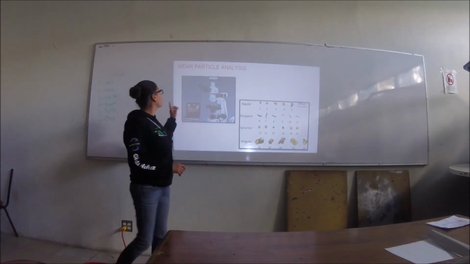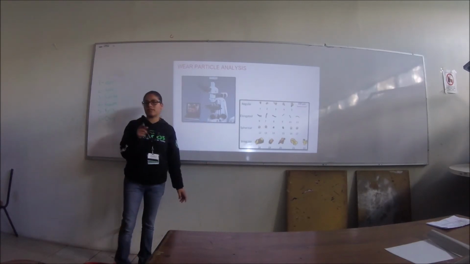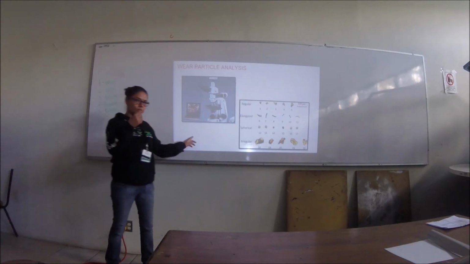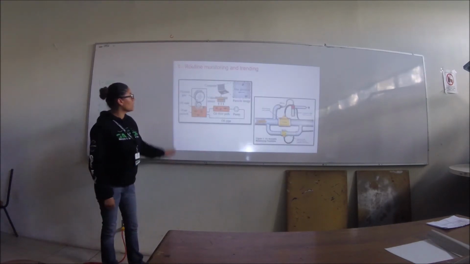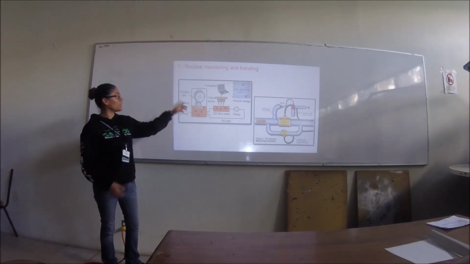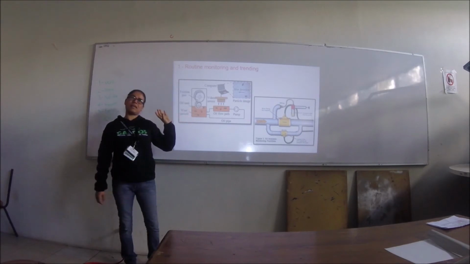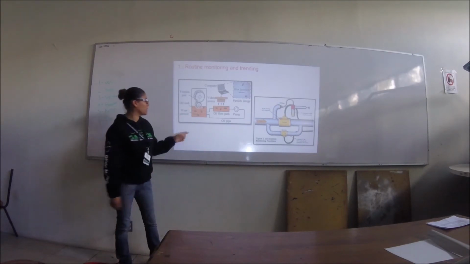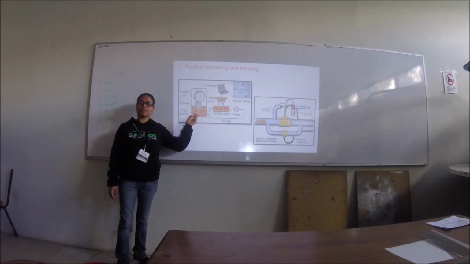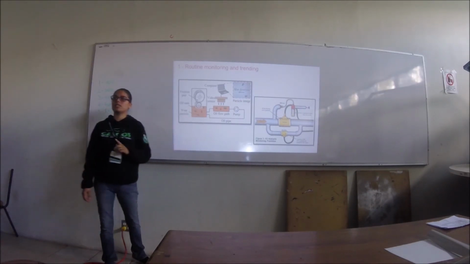The wear particle analysis comes in two methods, and the first method is routine monitoring and trending. This is practically to study the particles inside of a lubricant of the machine.